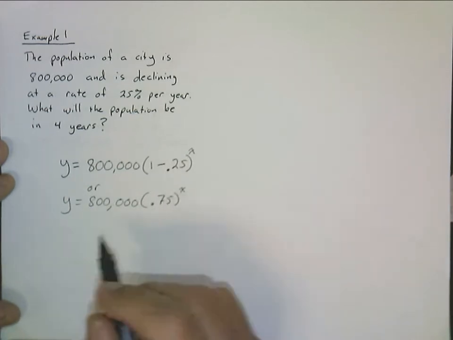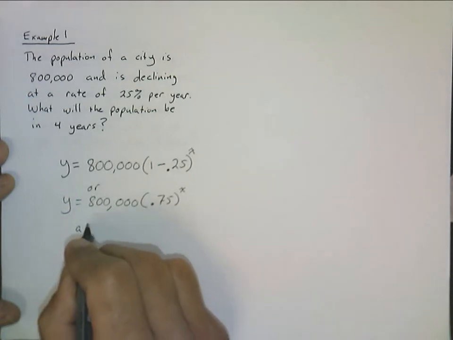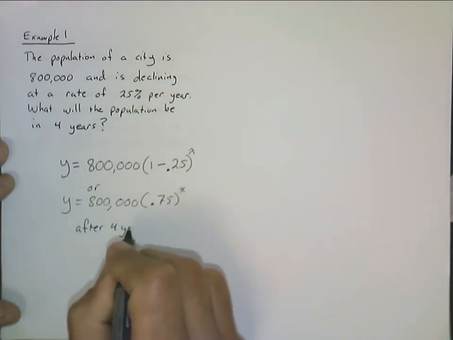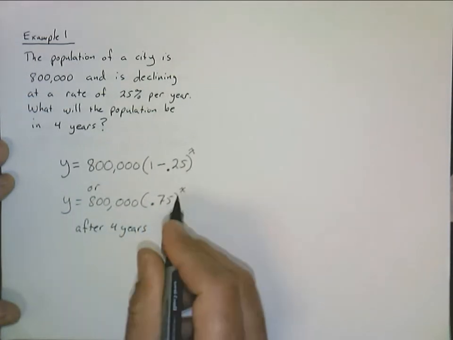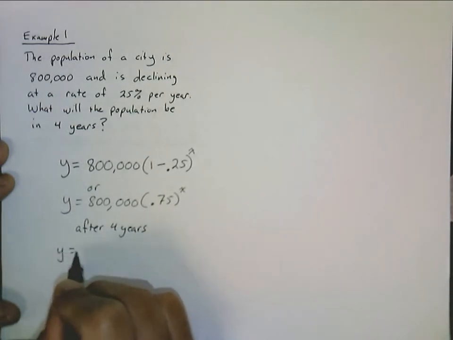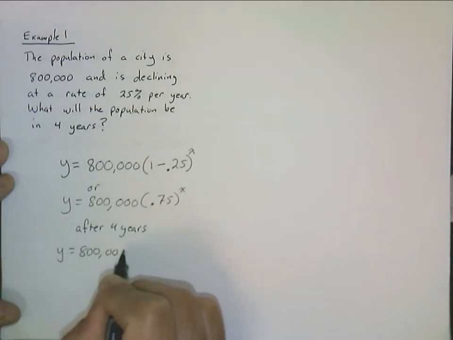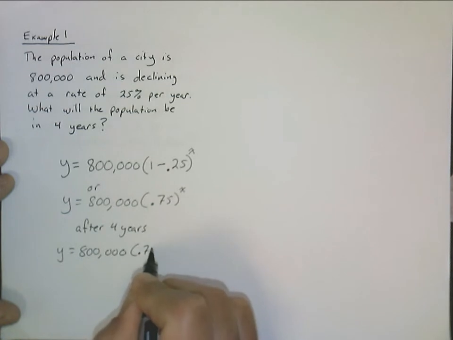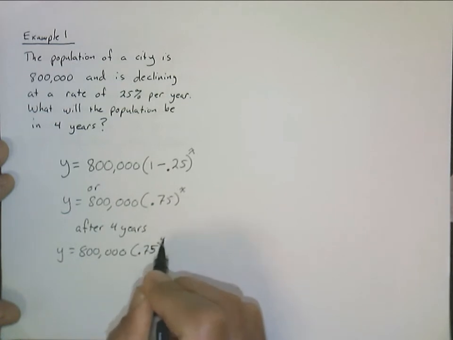Not a big deal. So after 4 years, all we need to do is just plug in 4 for x. Y is equal to 800,000 times 0.75 to the power of 4.